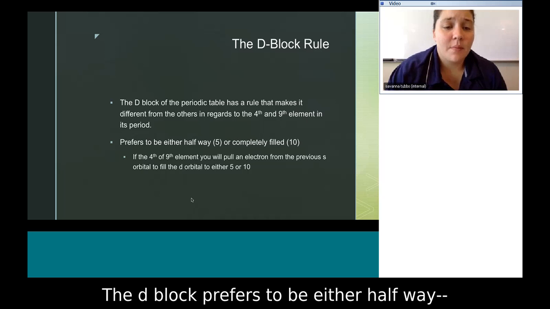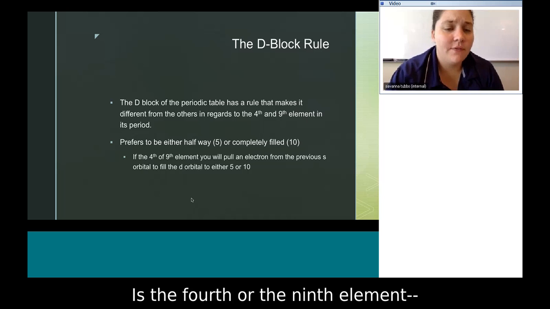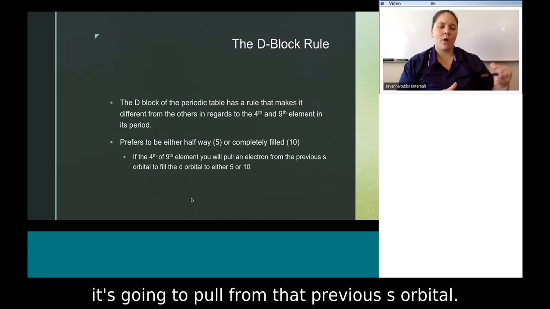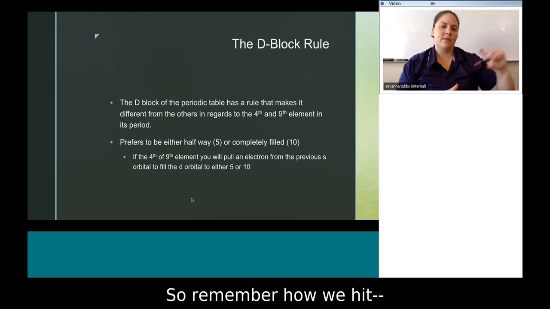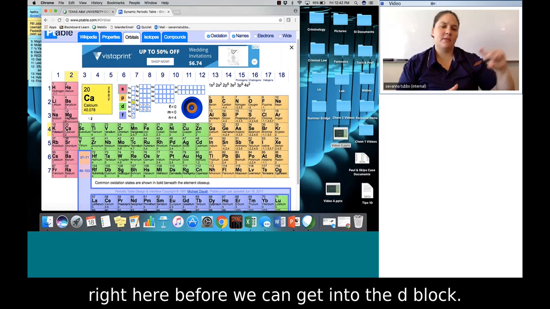The D block prefers to be either halfway, so all the way to that 5th, or completely filled all the way to the 10. If it's the 4th or the 9th element, it's going to pull from that previous S orbital. So remember how we have to hit this S orbital right here before we can get into the D block.